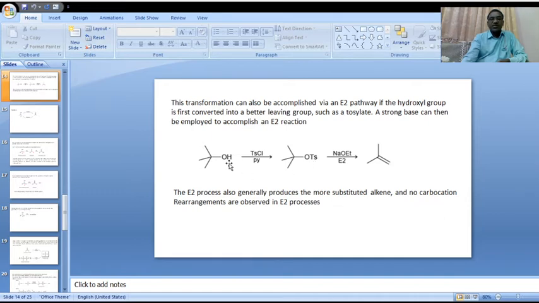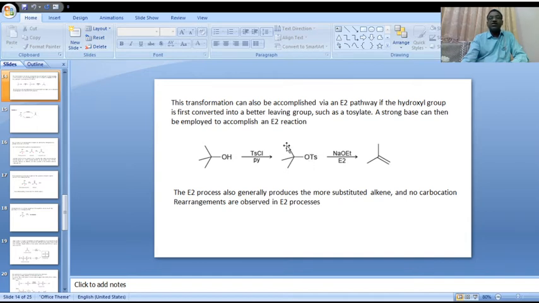The hydrogen is transferred by tosyl. This tosylate intermediate is like an ester structure. In this intermediate, this transformation of the leaving group makes it a very good leaving group, which is easily removed.